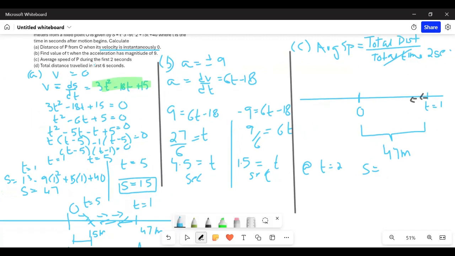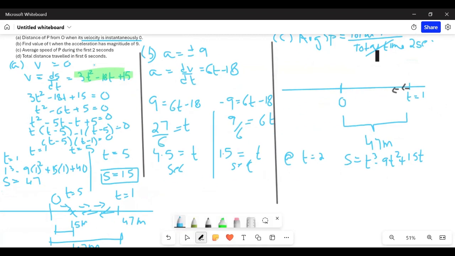S equals t cubed minus 9t squared plus 15t plus 40. Substitute 2 here and get displacement equals 42.